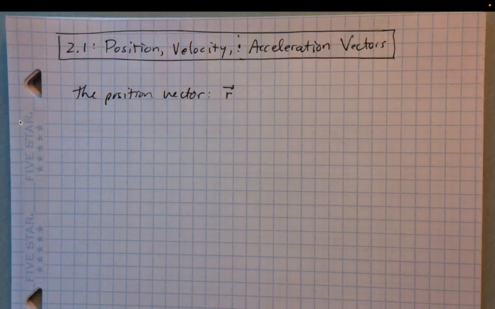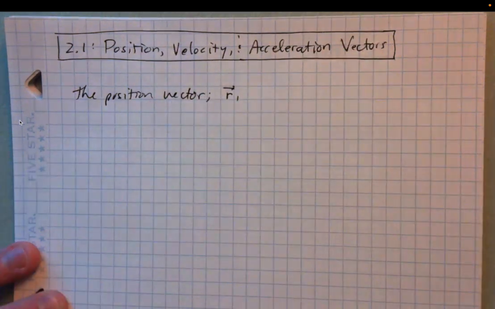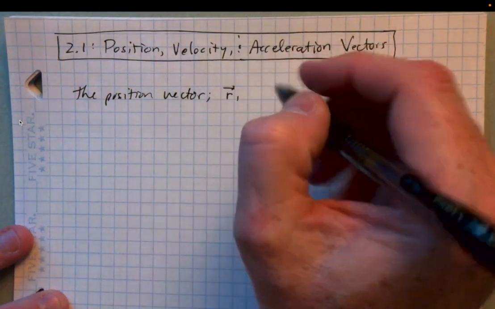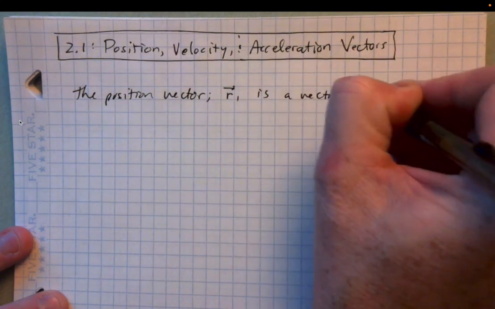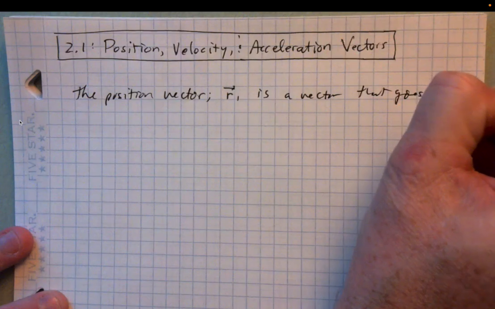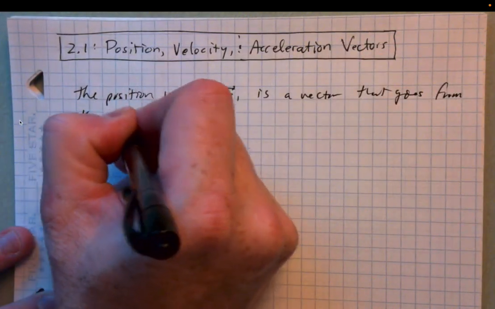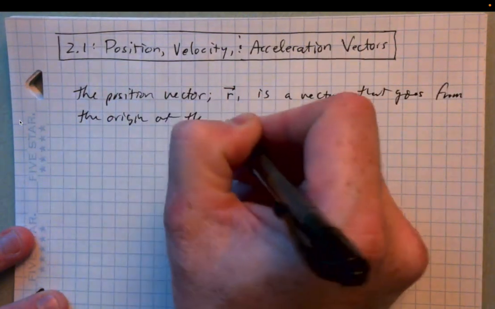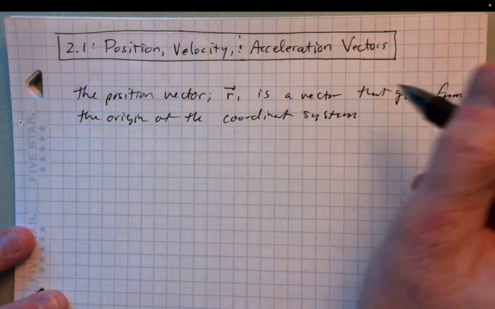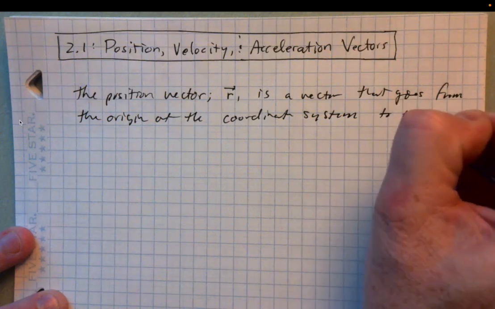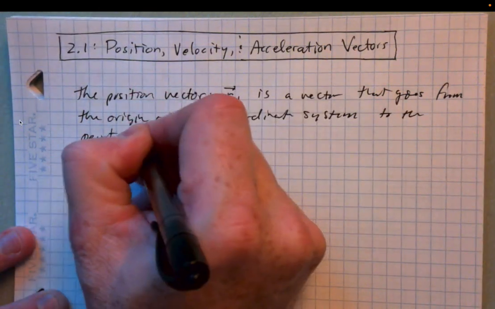So the position vector R is a vector that you can think of as going from the origin of your chosen coordinate system to wherever your object is located in 3-dimensional space. So the position vector R is a vector that goes from the origin of the coordinate system to the point, and we'll just use P here.